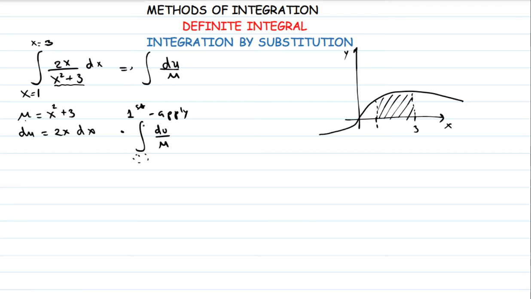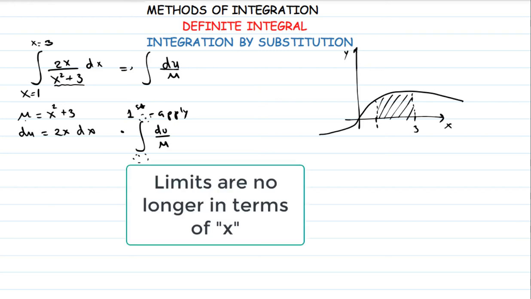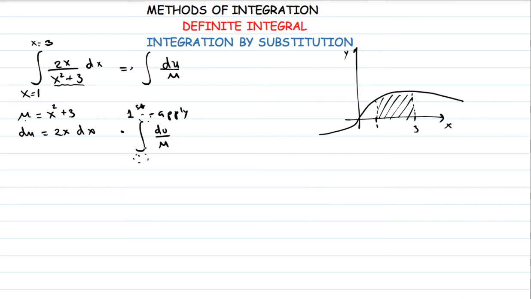These limits we have here are no longer for x, because this is no longer dx. This is du, so they're going to be the values of u. So if I put it on this side, we are going to have du divided by u with the upper limit. How do we find the upper limit of this function of u? We pay attention to this expression which shows the relationship between u and the function of x.